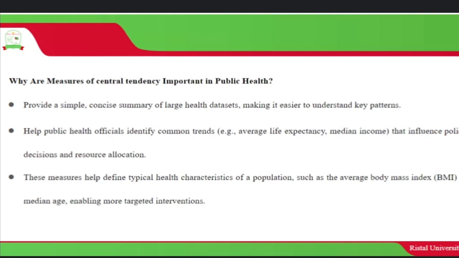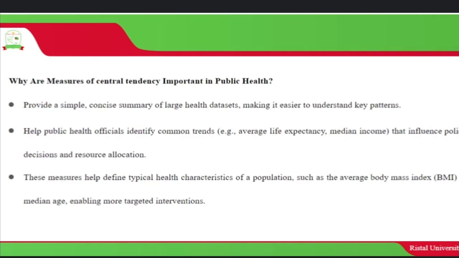And these descriptives also help us describe population characteristics. They give us a typical health profile of different populations. For example, what is the average age of mothers that are giving birth at Kawempe Health Facility or in a certain health facility in Juba?